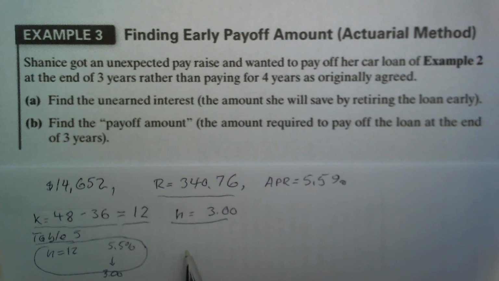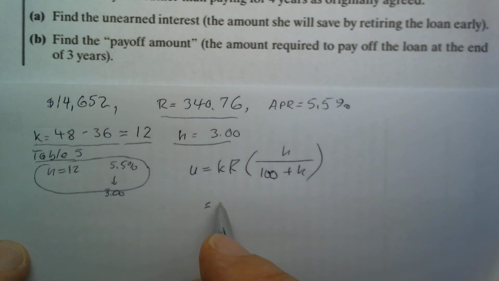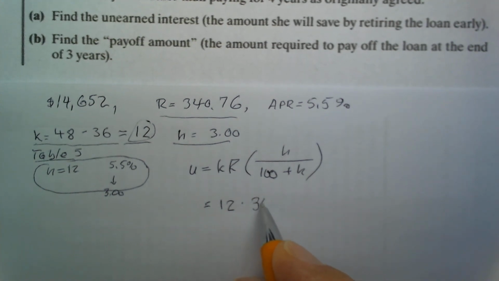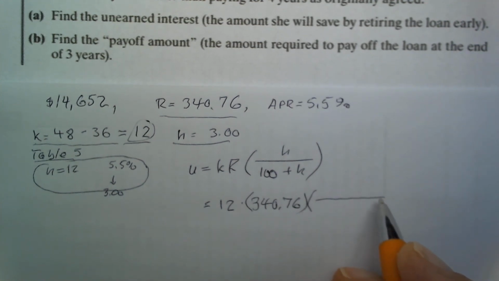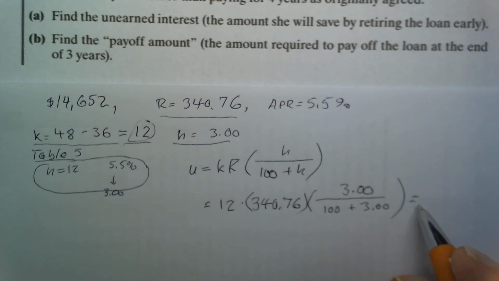So now we have the formula: the unearned interest equals K times R times H divided by 100 plus H. In this particular case, that equals 12 times 340.76 times 3 divided by 100 plus 3, and that's equal to 119.10.